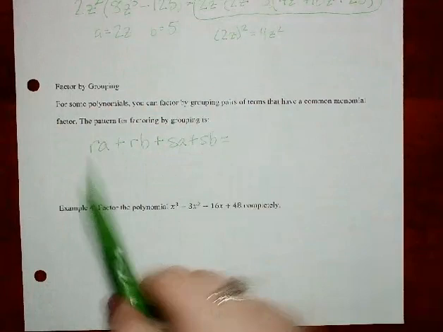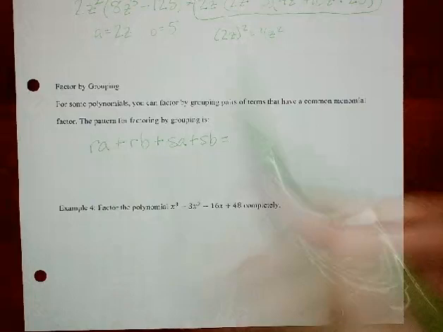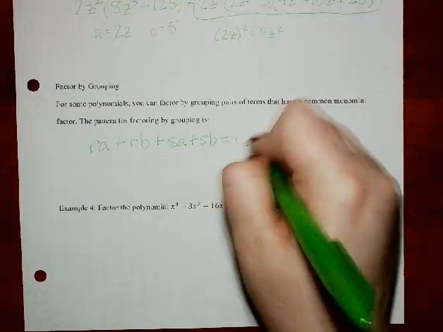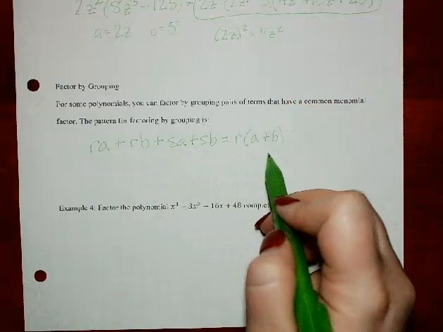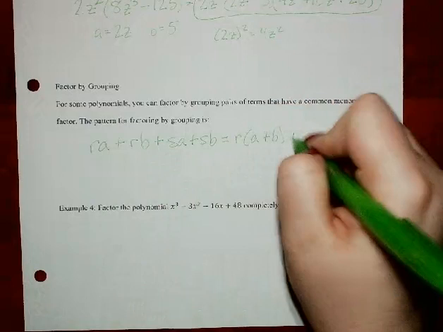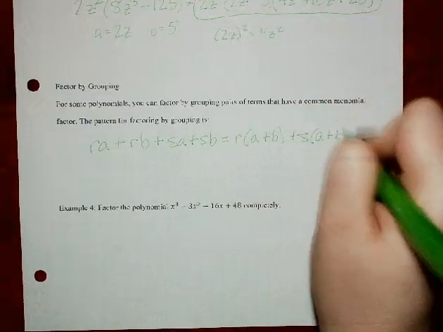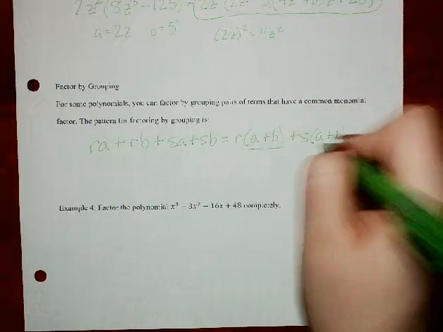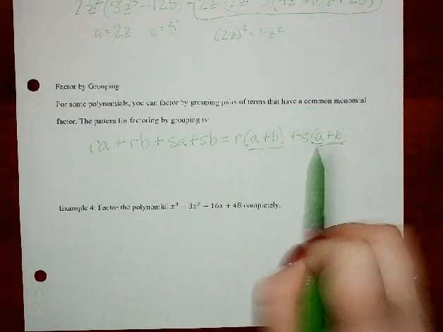If we look at the first 2 terms, they have a common factor of r. So I'm going to factor out r from the first 2 terms, and I'm left with a plus b. And then the last 2 terms have s in common, so I can factor that out, and I'm left with a plus b. Now we have something times a plus b plus another something times a plus b.